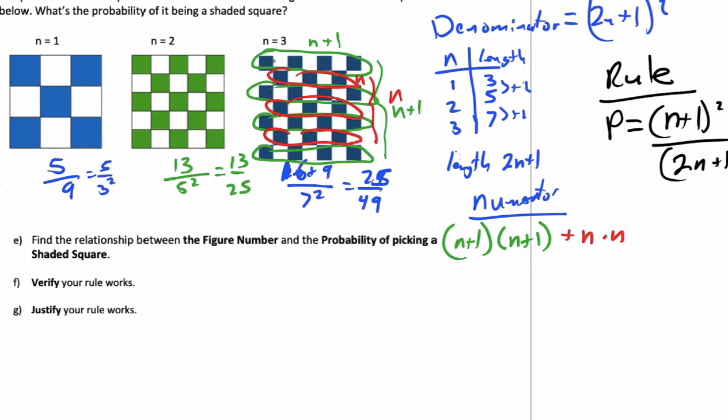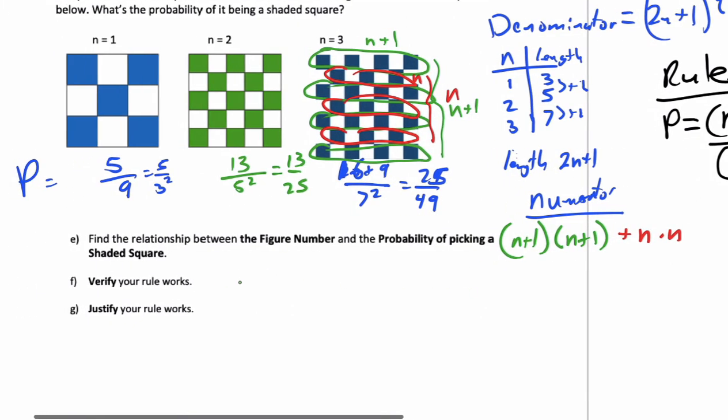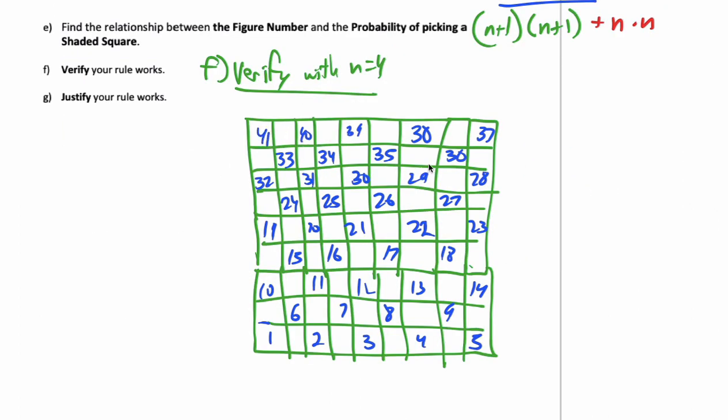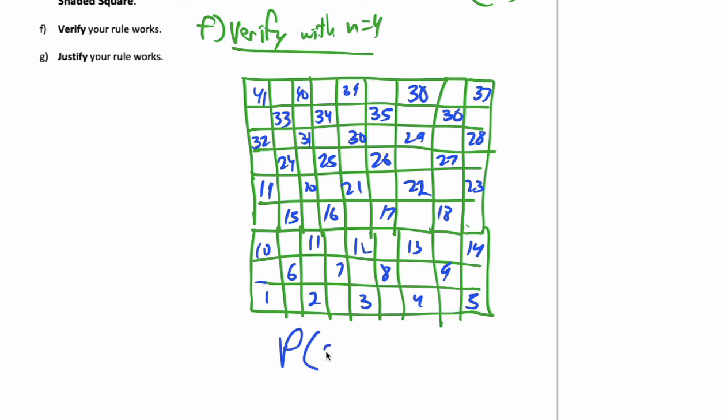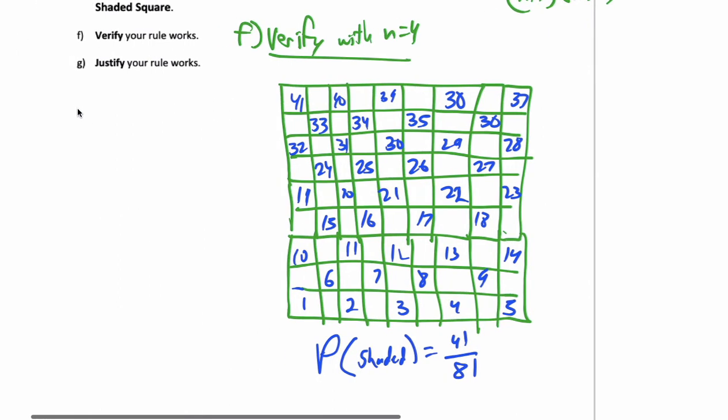Let's verify for part F. Verify our rule with, let's do n equals 4. We got 41, so the probability of getting shaded equals 41 over the total, which is 9 squared, which is 81. So that's what we should get with the rule.